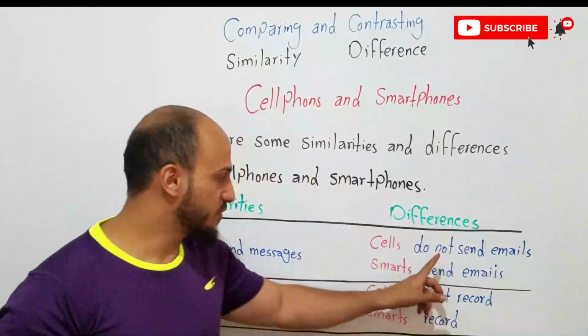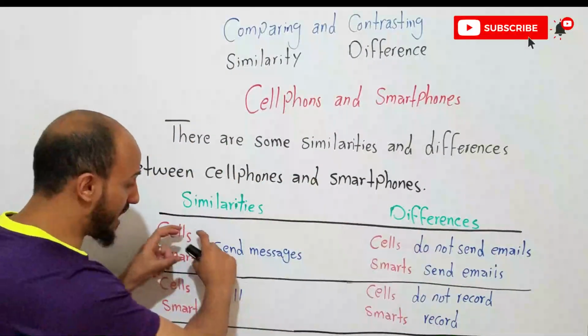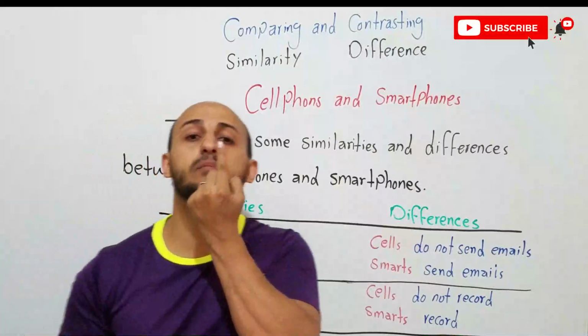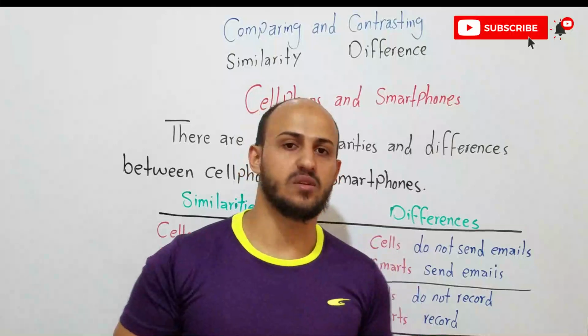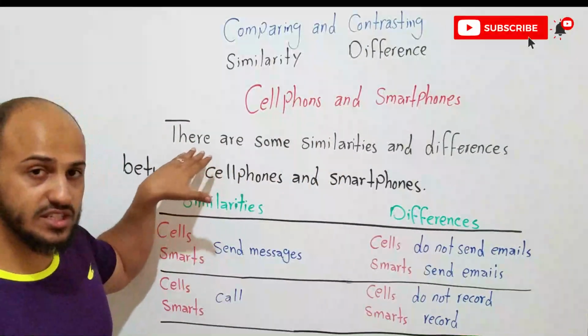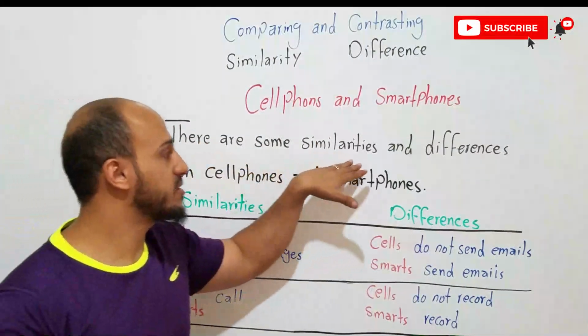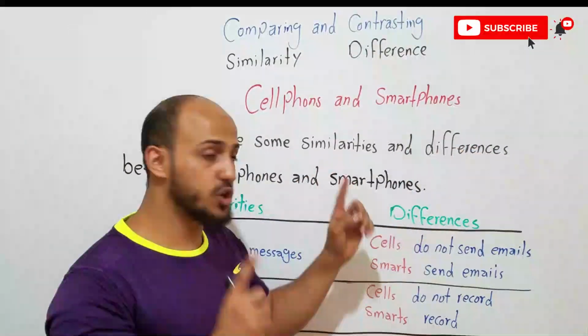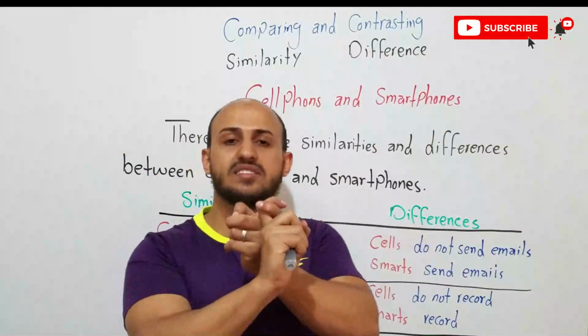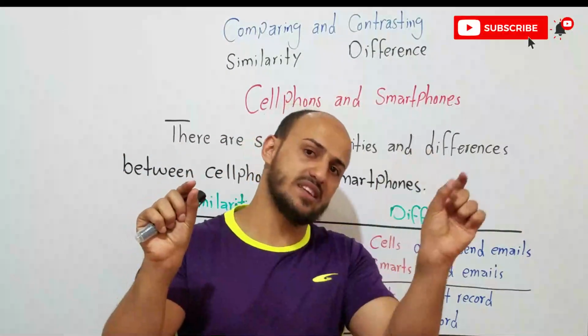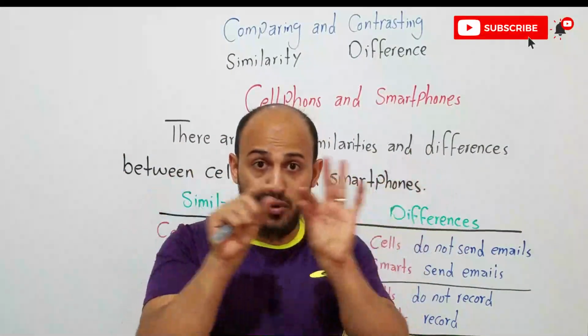Remember, now this one is one supporting sentence. Why? Because in your topic sentence you said there are some similarities and differences. So when you mention one by one, like they are the same in this and they are different in this, it is the same point.